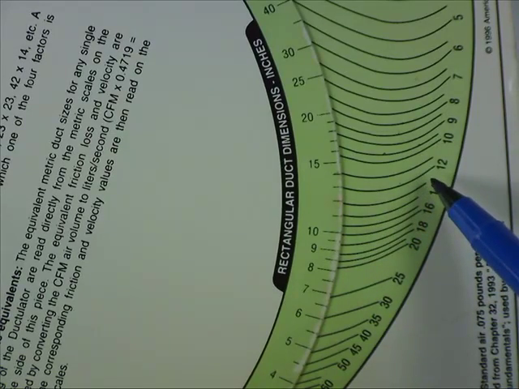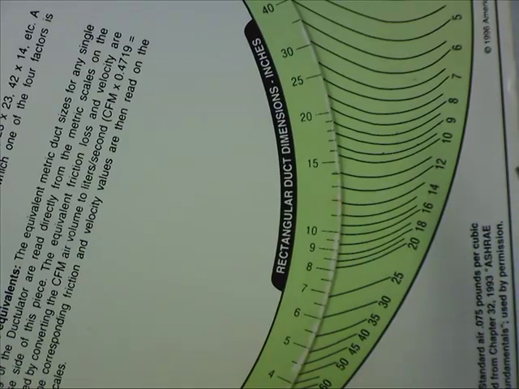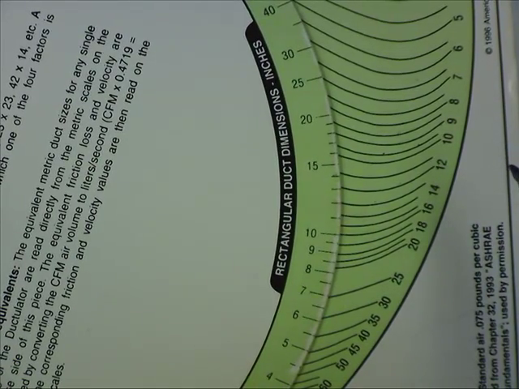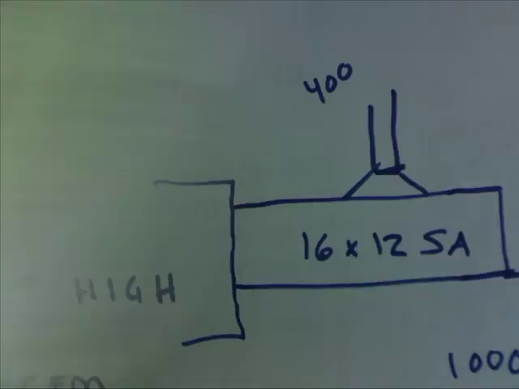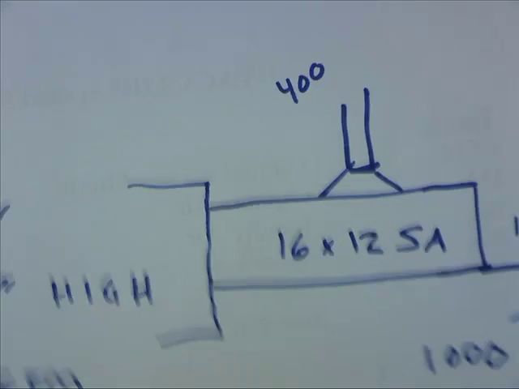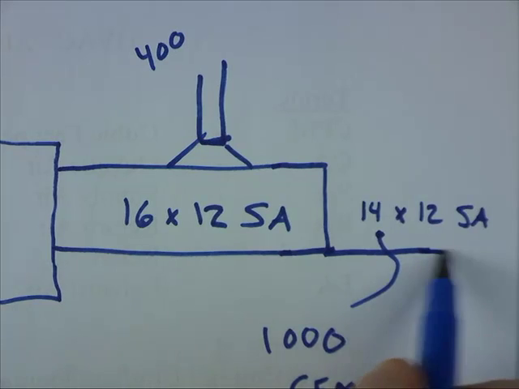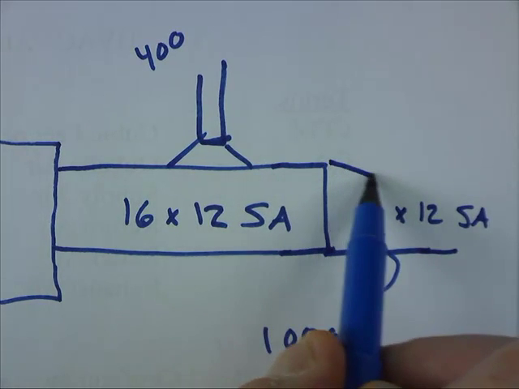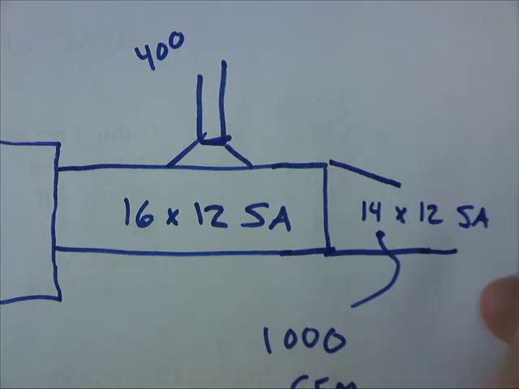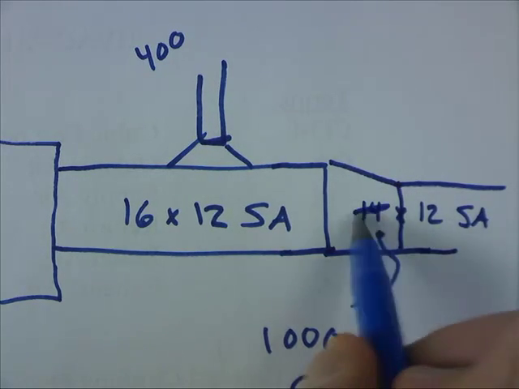So at this point, I'm going to have a 14 by 12 supply air duct. And I'm going to transition down to that. There would be a line through there, and this would actually be down here, 14 by 12. And that would be the start of my duct layout.